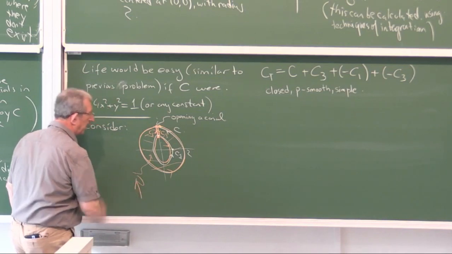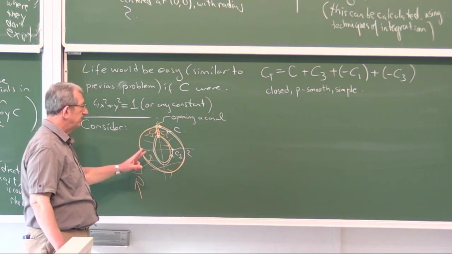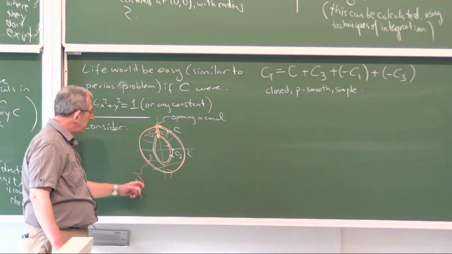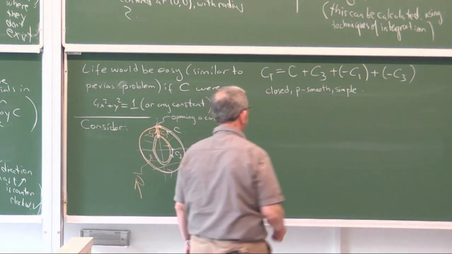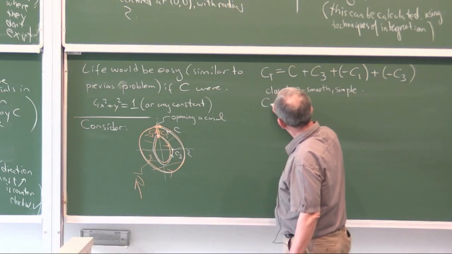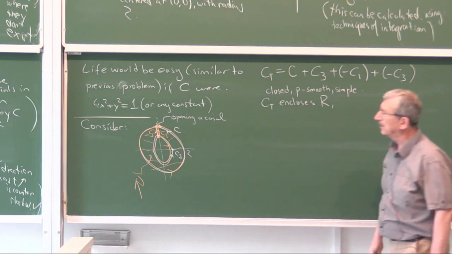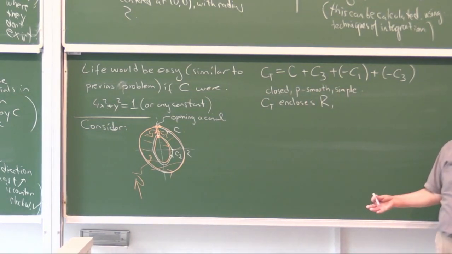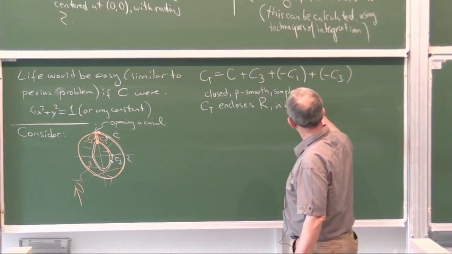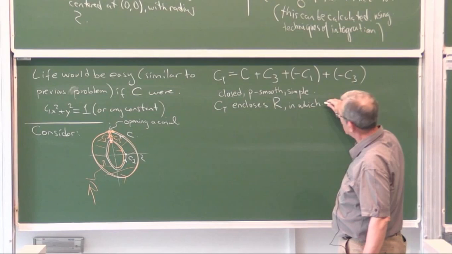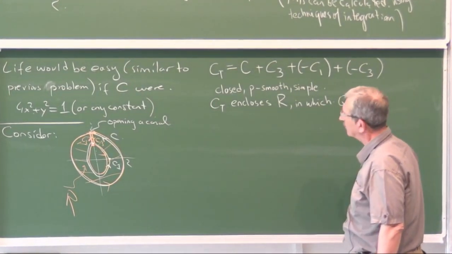This is my R. It is bounded by CT, it's on the left of CT, and 0, 0 is not inside. And CT encloses R, which is a nice curve, a nice region in which Q sub x is P sub y.